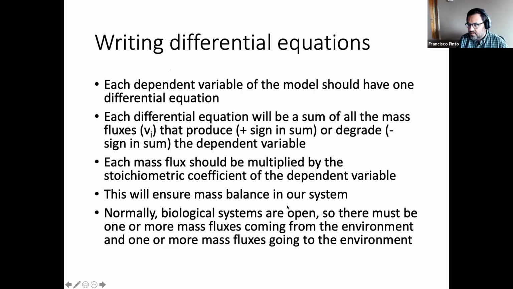There are mass fluxes that come from the outside of the system, and there are also mass fluxes that go to the outside of the system. So you have an arrow that comes from nothing and produces a component of the system, and some of your components have an arrow that degrades them out of the system, and you don't care what they are being converted to.